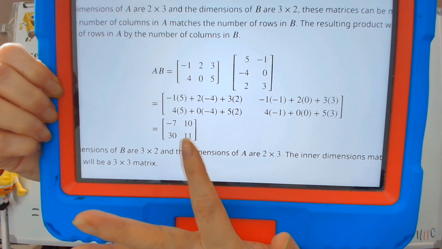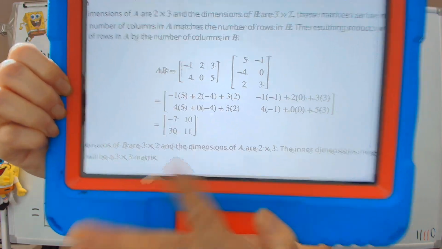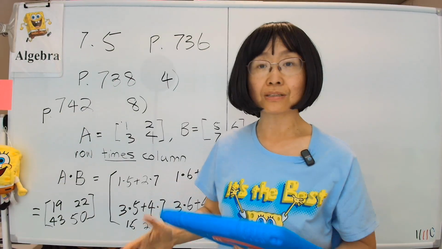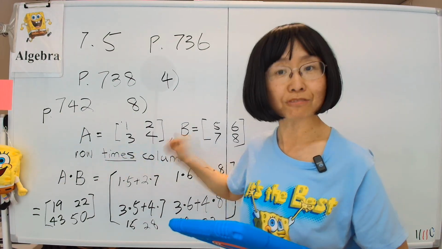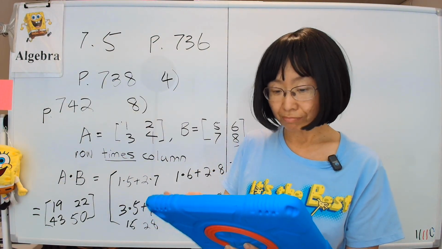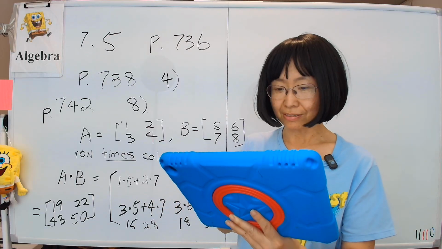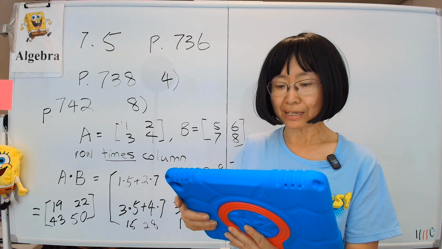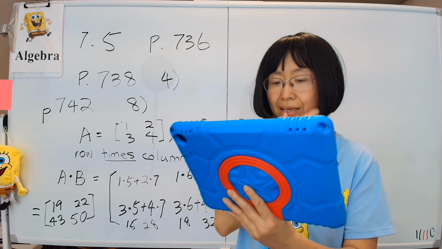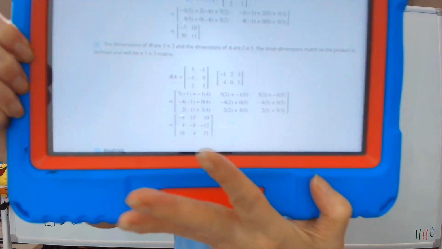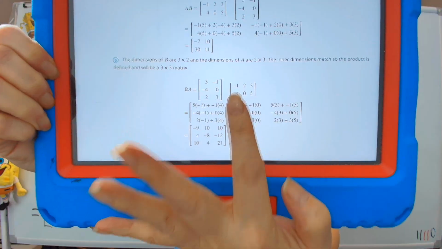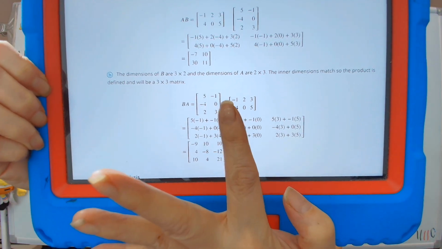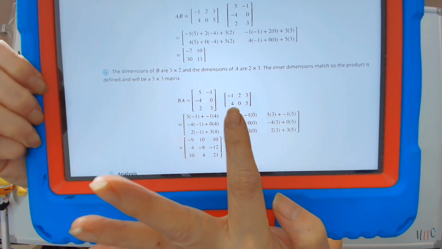Please do this yourself, and practice memorizing row times column, because there is no getting out of doing matrices, really. After you do A times B, you're going to do B times A. And as you notice, you follow the same rules, row times column, except the row now has only two things, and the column has two things.